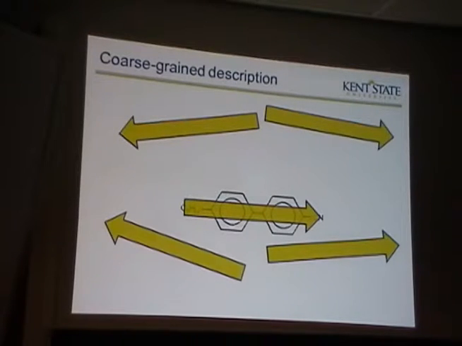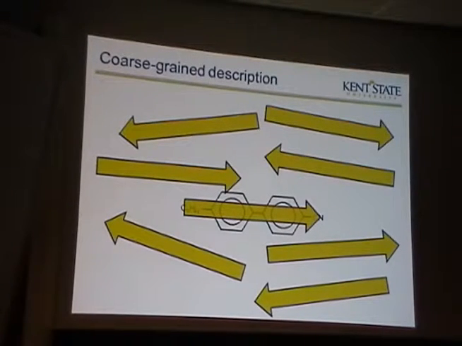Okay, so now that's one molecule. Suppose we have lots of molecules. In that case, the kind of question to ask is, what's the distribution of orientations? Right? Are they all pointing in the same way, or are they all pointing in random directions in space?